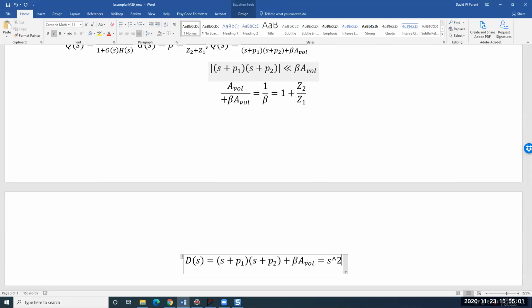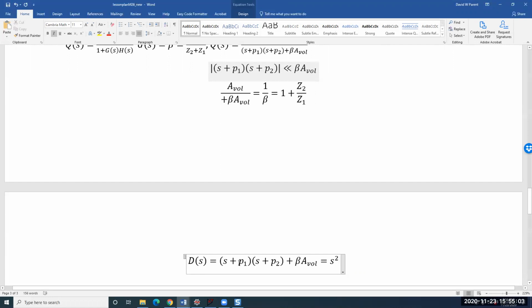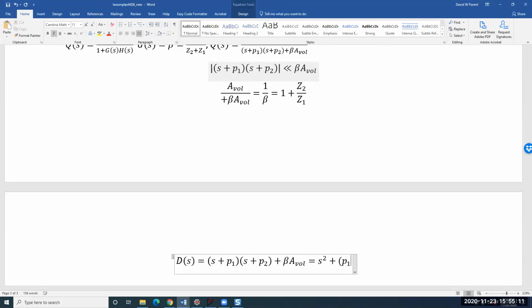But we'll have S squared, we'll have the sum of these two poles, and then the two poles multiplied.